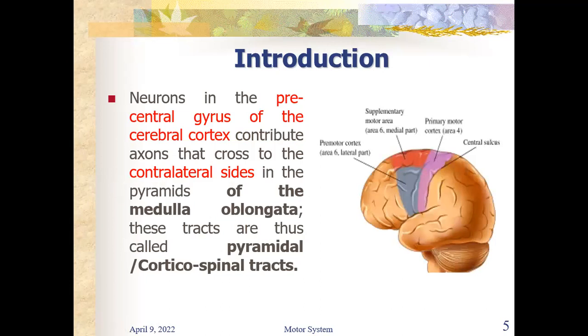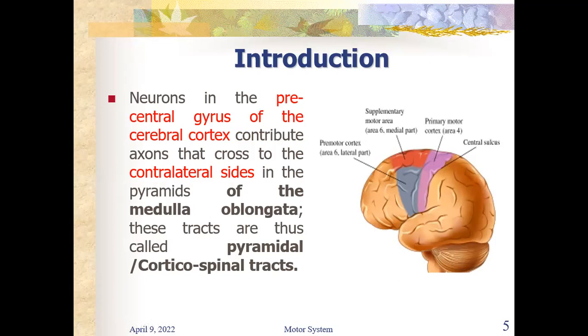Looking at this diagram, you see the location of the motor cortex here. You can see the primary motor cortex is here, and this whole area is the premotor cortex. Above the premotor cortex, the medial part is the supplementary motor cortex.